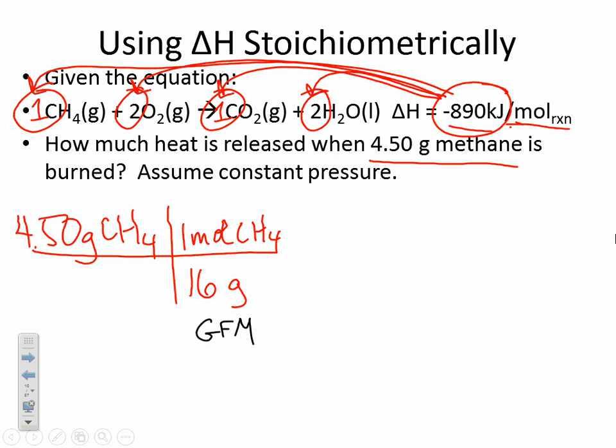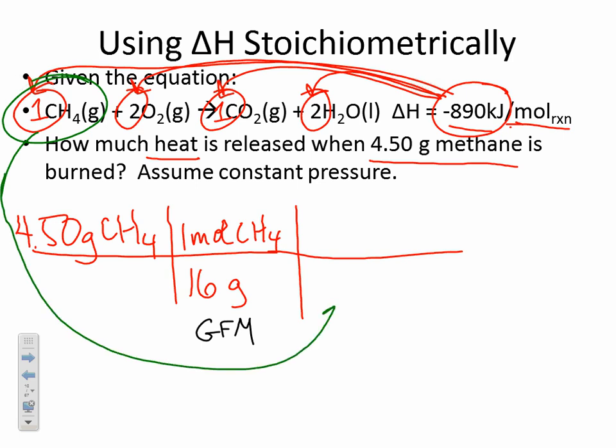And the reason that I'm doing that, again, is that 890 is for moles of things in this balanced chemical equation, not grams. So I do need the moles. That gives me moles of methane. It's asking, though, for heat. So I want kilojoules. So now I'm going to look at my coefficient for the methane, and I'm going to put that on the bottom of my T-chart right here.